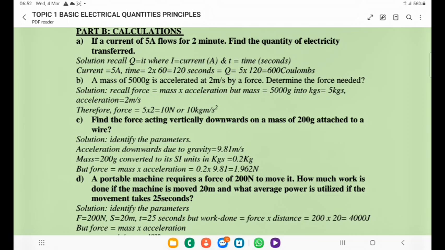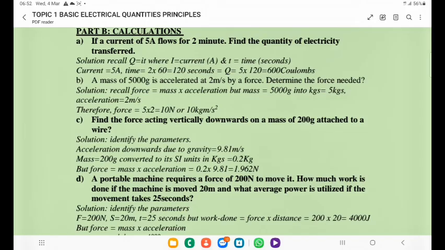Then you have: find the force acting vertically downwards on a mass of 200 grams attached to a wire. So you have a mass of 200 grams, converting it to kgs. You see the question is talking of force acting vertically downwards. So that is a gravitational force, because that is the type of force that pulls objects towards the center of the earth.